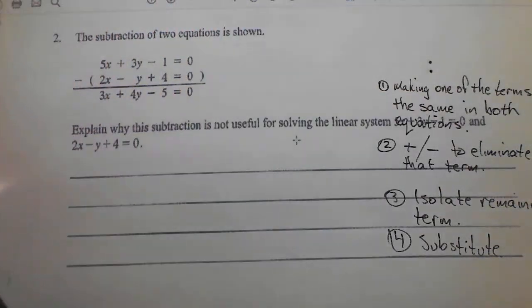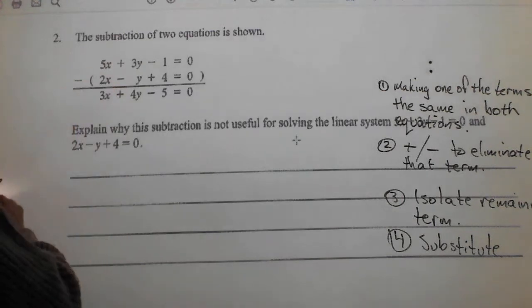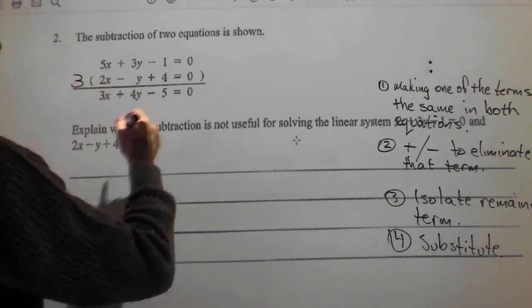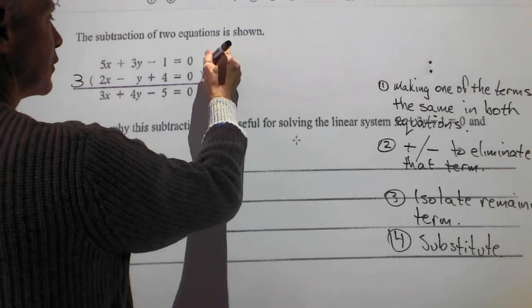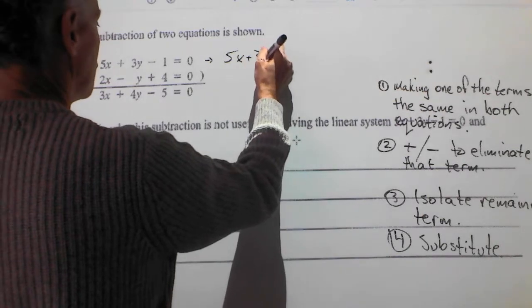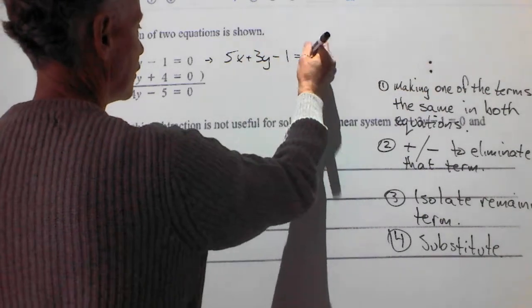Had we multiplied the second equation by 3, what we would have ended up with, and I'm just going to copy this one out, 5x plus 3y minus 1 equals 0.